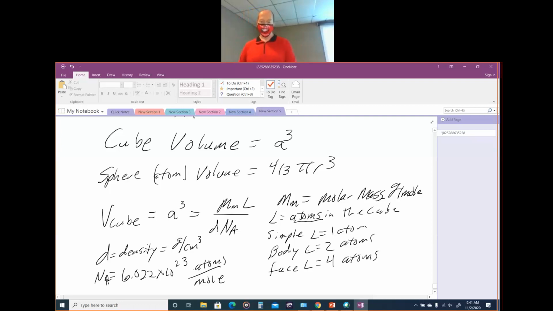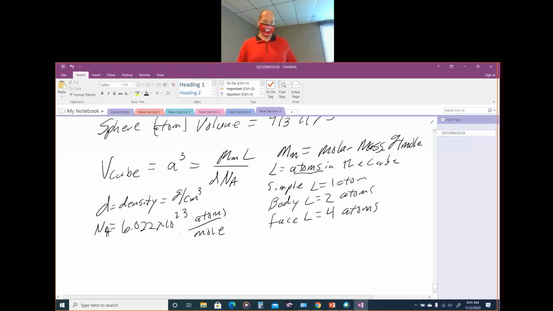And so A is equal to the length of a side. And in this equation, it's going to be in centimeters, because that's going to match your density. This matches this. All right, now we're going to have to convert to angstroms.